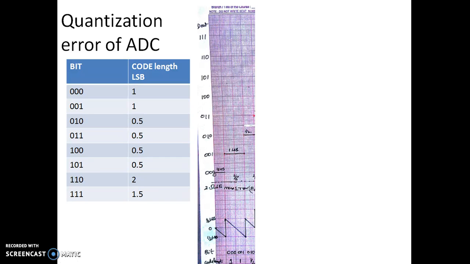The quantization error is 0. Next, since the code length is only half LSB, the next value will change immediately here. This black color is the ideal one, and this red is the actual one, which represents this half LSB. Here red and black coincide. Here also red and black coincide. Here also red and black coincide.